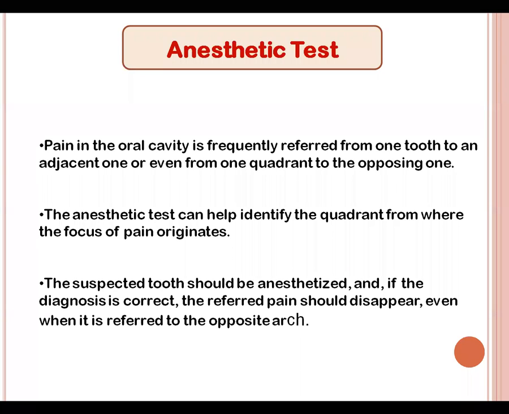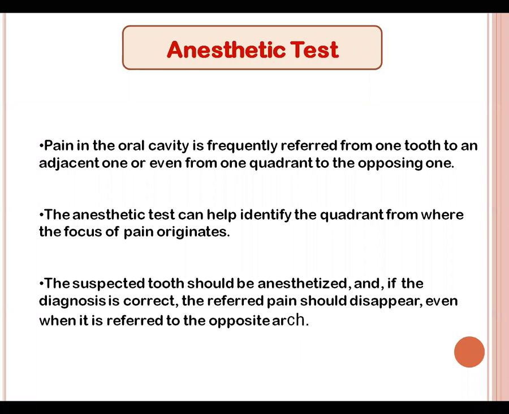And in this case, you have two options: either the pain will go off, in which case you will know that the pain is mandibular in origin, or the pain will still remain, in which case you will know that the pain is maxillary in origin. If the pain is mandibular in origin, you will allow the anesthesia to wear off, and then you will infiltrate each individual tooth in that particular quadrant, right from the third molar and come back to the anterior, and then accordingly diagnose the correct tooth.